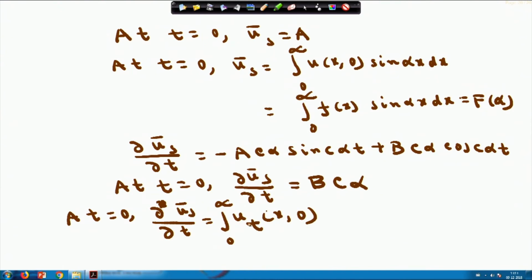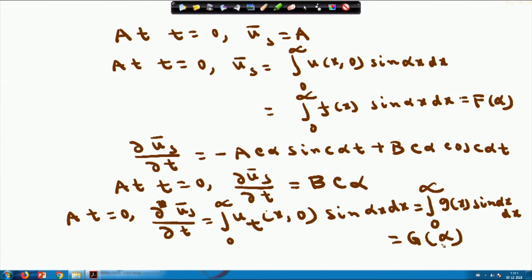Please note this one, because this is del u del t basically, into sine of alpha x dx. And you know the u_t(x,0), or del u del t value at t equals 0, is g(x). So this equals the integral of g(x) into sine of alpha x dx. This is nothing but I can denote it as G of alpha, where G of alpha is the Fourier sine transform of g(x).